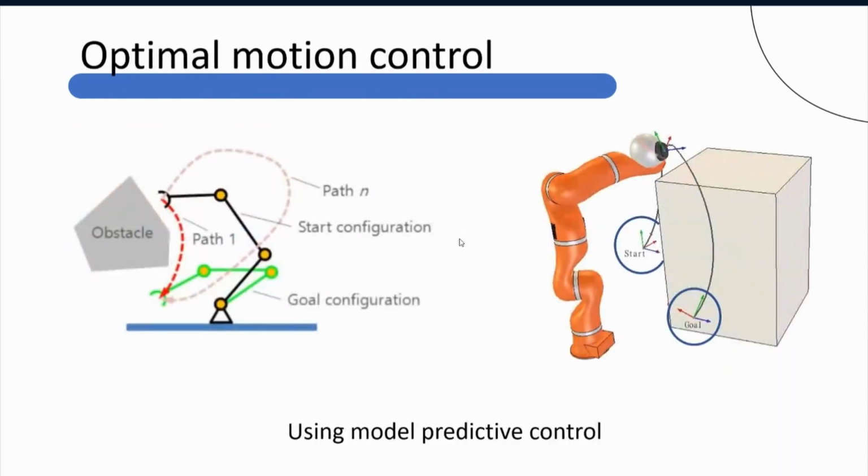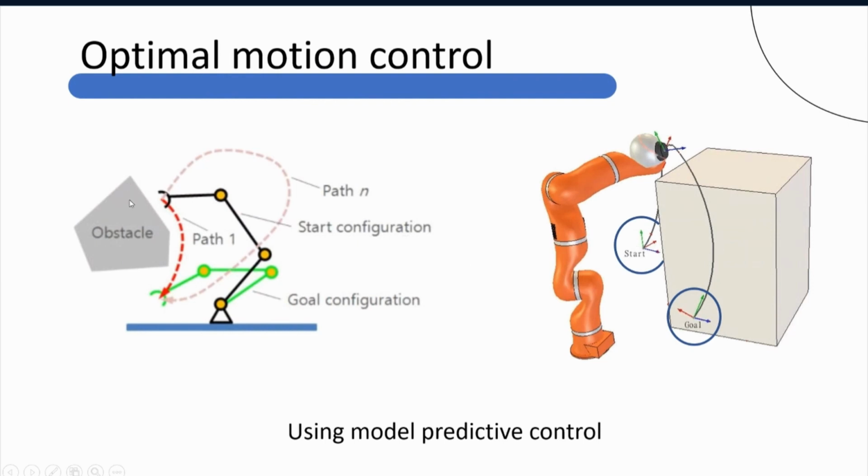And this can be achieved by optimal motion control, because optimal motion planning deals with having a certain current configuration for the robot and a goal configuration, and finding the best solution and the best path for this robot to follow.